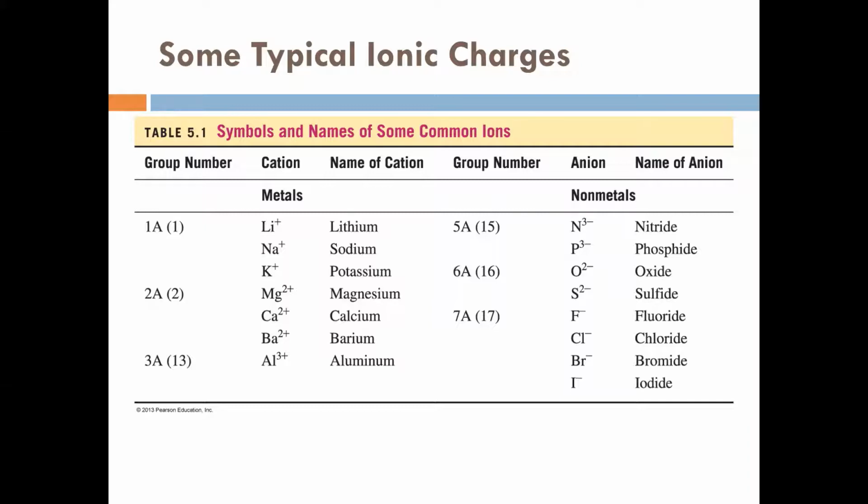These are going to become ides when we start talking about naming them, but we have our -3 charge. For group 6, we have oxygen and sulfur. Those are our -2 charges. For group 7, we have fluorine, chlorine, bromine, and iodine, which will all be -1.